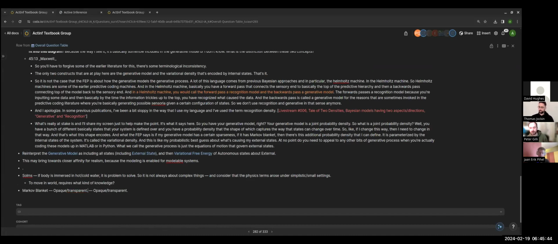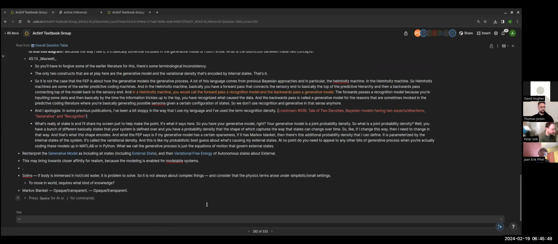Yeah, sorry. Okay, so the whole idea behind Markov blanket and the justification for its use lies behind the concept of sparse coupling.